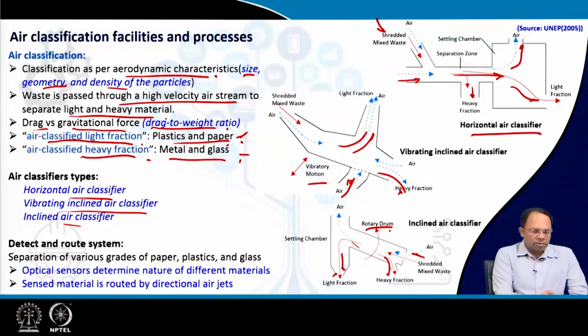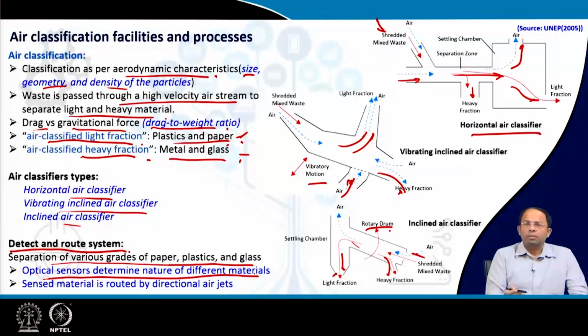So there are also subsequent stages for this process where we have a detect and route system, where we can also separate the various grades of paper, plastics and glass. So that means not only can we separate them into these categories, but we can have subcategories as well. So here optical sensors determine the nature of the different materials.